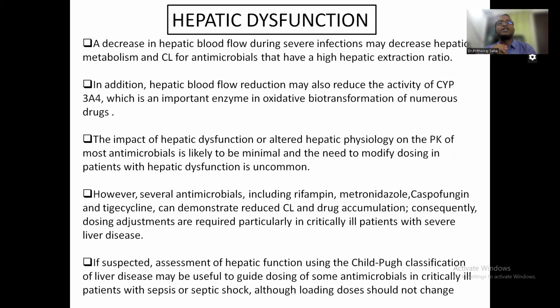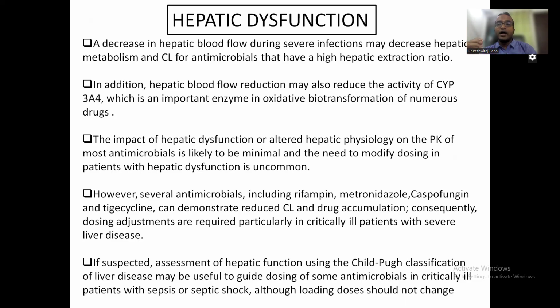For hepatic dysfunction, the drugs which have a high hepatic extraction are dependent on the hepatic blood flow. Those which have a low hepatic extraction are mainly dependent on the enzymes, the induction and the inhibition of the enzymes, because they have a very low amount of extraction. So the blood flow, until it reaches a critical value, doesn't hamper the extraction of those drugs.